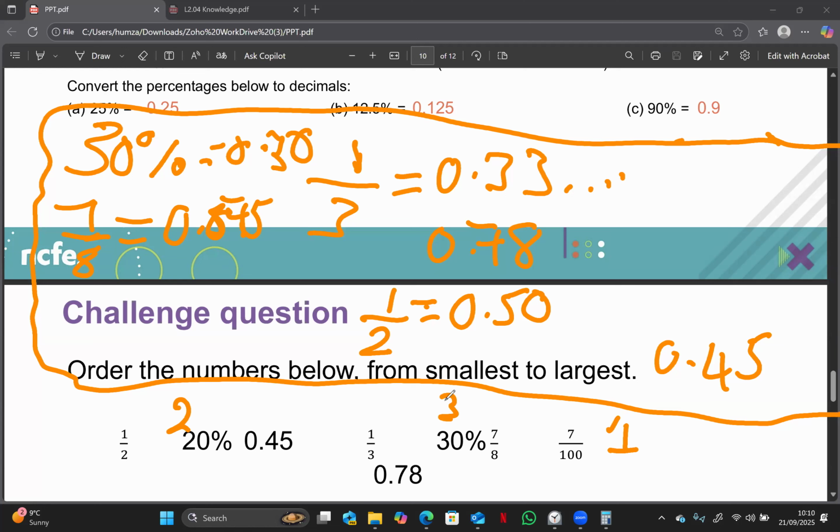What's the fourth one? I'm rubbing them out as we go. What's the fourth smallest there? Is it 0.875? Is it 0.3333? Is it 0.78? Is it 0.5? 0.45? Remember, just do what you were doing. 0.45.